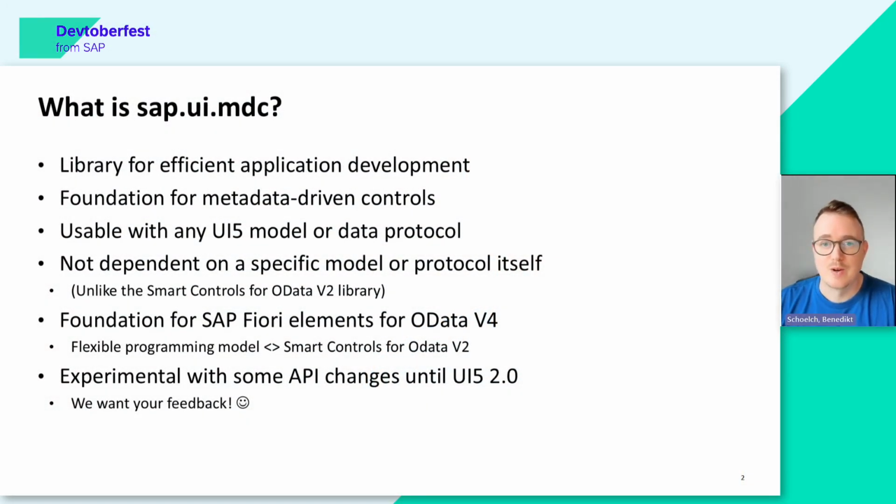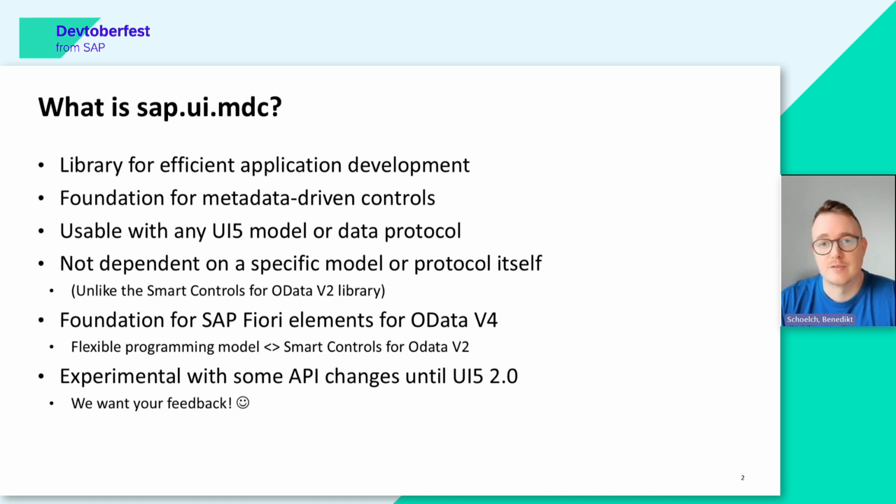What is SAP UI5 MDC? SAP UI5 MDC is a library for efficient application development and the foundation for metadata-driven controls. It's usable with any UI5 model or data protocol, and it's not dependent on a specific model or protocol itself.